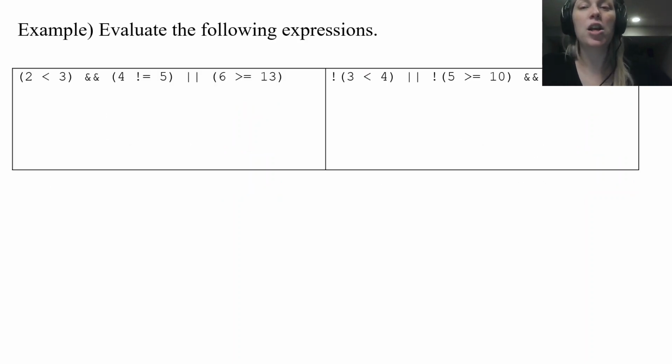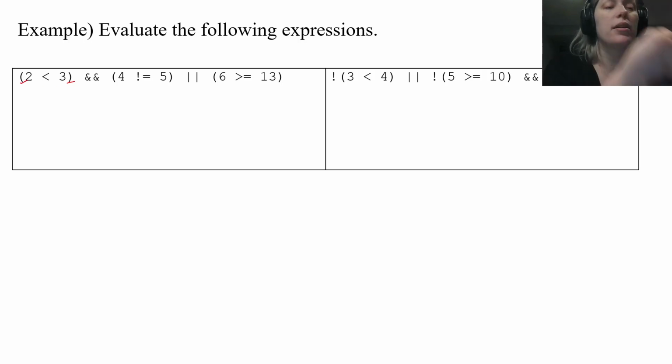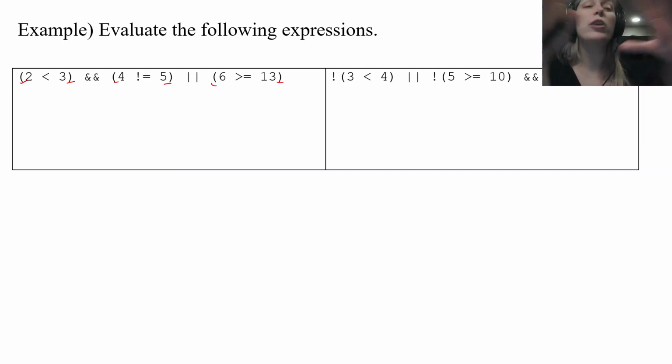Let's say I wanted you to evaluate the following expression. What does it evaluate to, true or false? In here, we have comparison operators and Boolean operators. Luckily, everything's grouped together with those parentheses. If there were no parentheses here, it wouldn't matter.